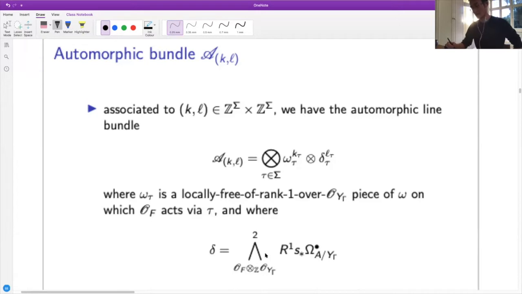If I take the wedge, I get O_F tensor O_Y_gamma of rank 1. This would give me the same decomposition plus the same sort of filtration, in this case canonical, on that. And you would do the same operation, raising to the power l_tau, prescribed by the numbers I'm given there.